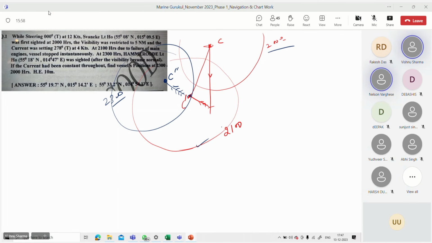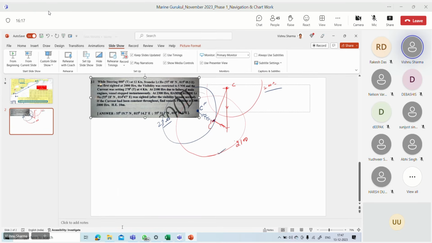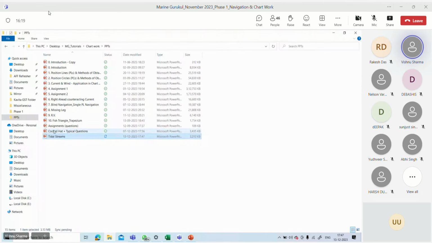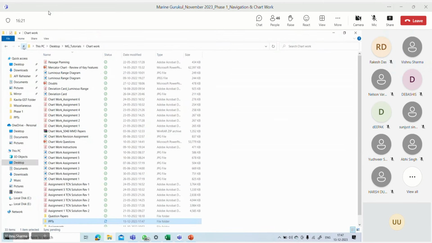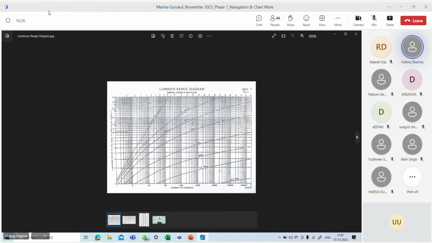So what you can say is, it became visible when the visibility became normal. So my take in this would be, it's only a take. I don't know what he wants in the question. My take would be, since in your luminous range diagram, if you see, here is the luminous range diagram.